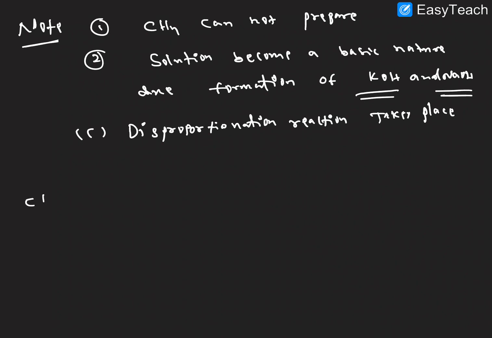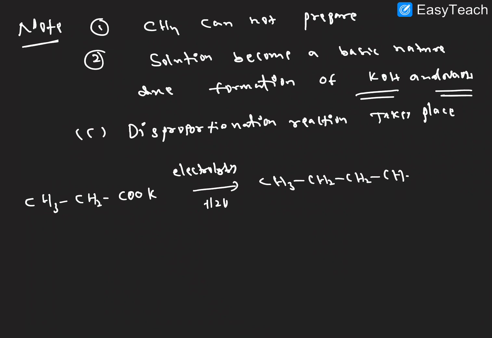Next, you will see the example here, CH3CH2COOK, potassium salt, electrolysis in the presence of water. So here CH3CH2CH2CH3, this is one product possible, and another product here is CH2=CH2, ethene.